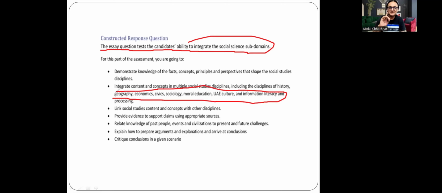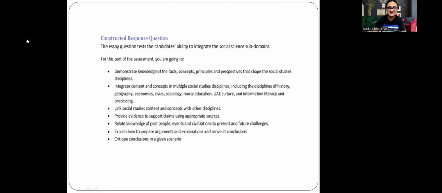Number one, the examiner wants to see whether you are able to integrate and cross-discipline social studies with subdisciplines or subdomains and other subjects. First point, this is the main thing: integration.